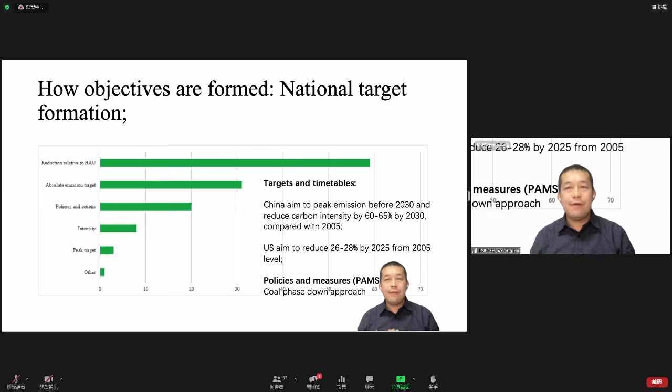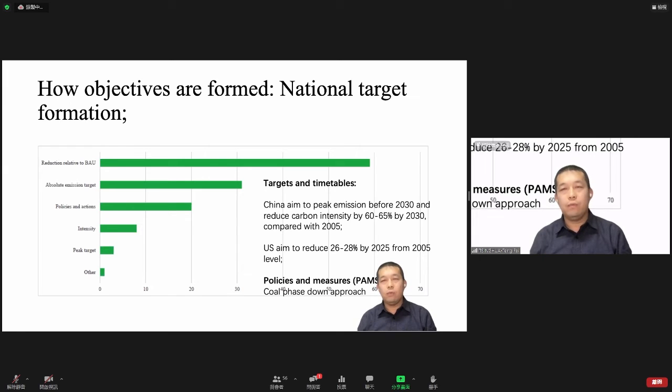And another very interesting issue is the form of those objectives, that most countries use the target and timetable. We discussed this in the United States case, which was to reduce the emission in year 2000 and return it to 1990 level. We have a target, which is to reduce the emission and return to 1990 level.